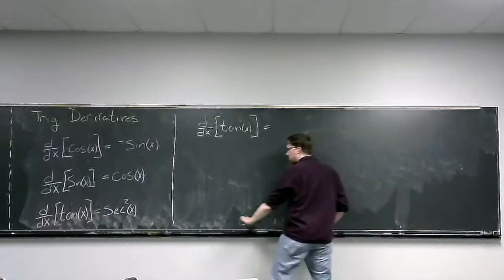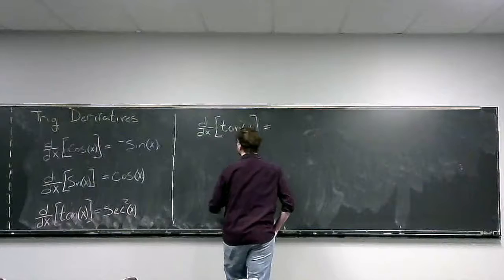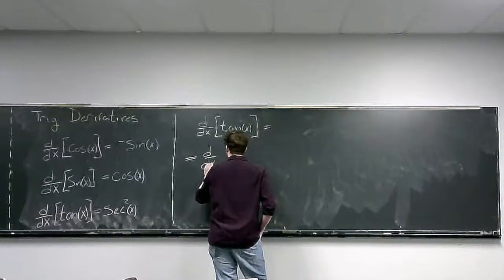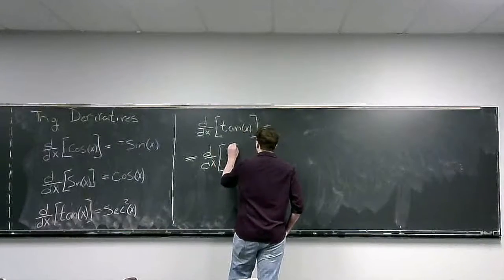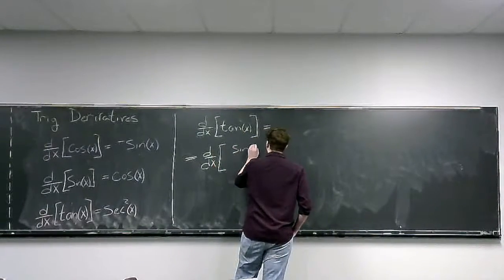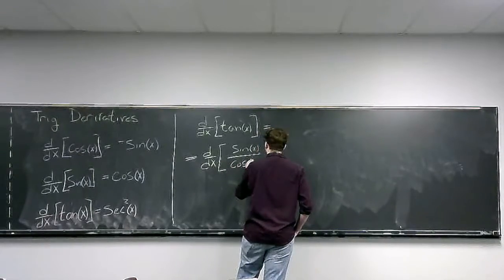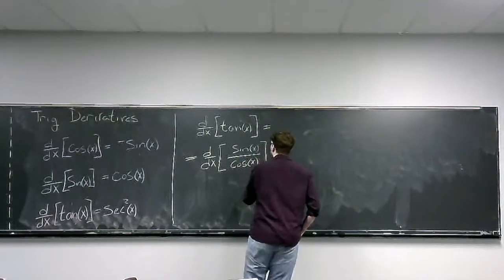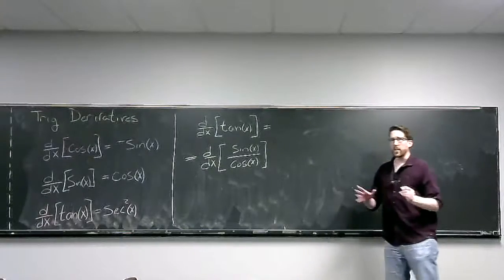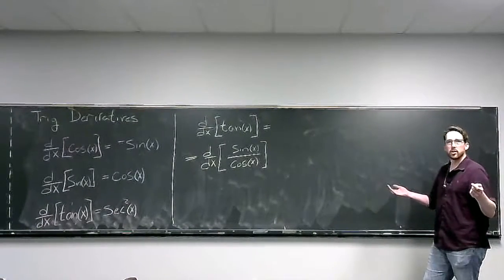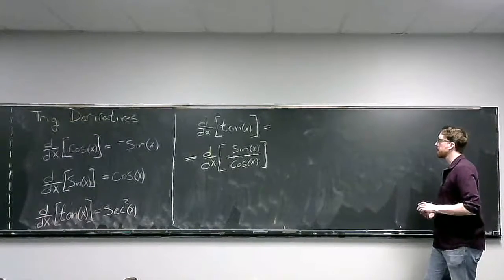So taking the derivative of the tangent of x is like taking d dx of sine of x over cosine of x. And not just like, it is, right? Because tan x is equal to sine of x over cosine of x.